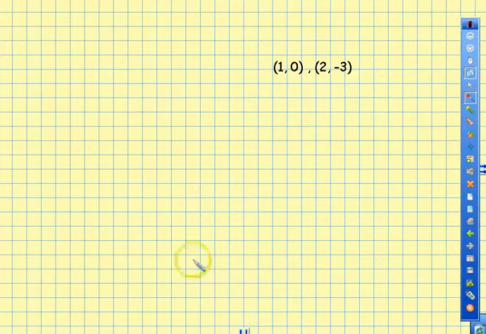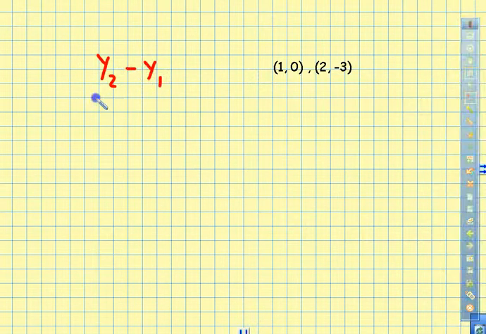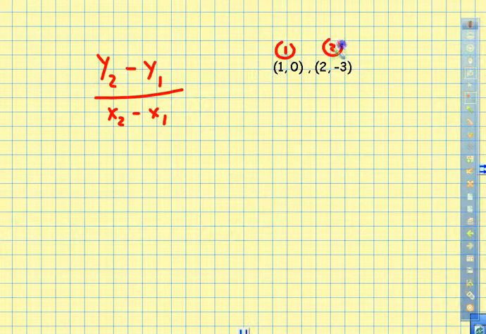Let's look at our next problem and go ahead and hit pause and solve this. So again, y2 minus y1 over x2 minus x1, and we'll plug it in. This is my first, this is my second.